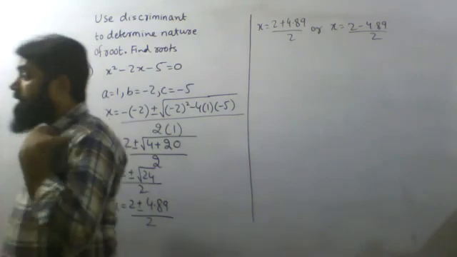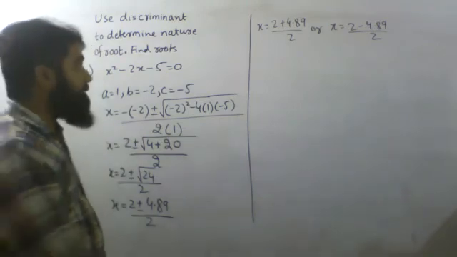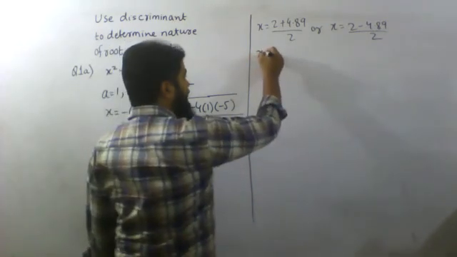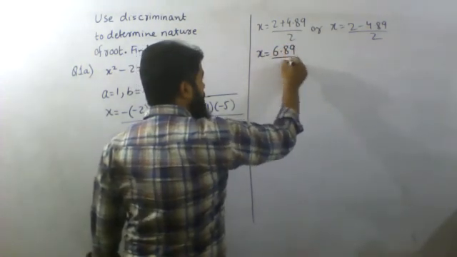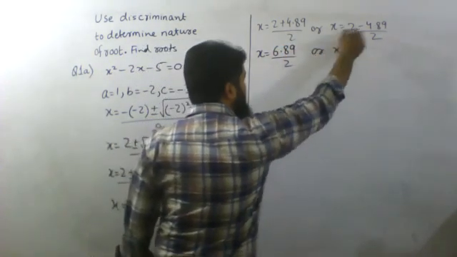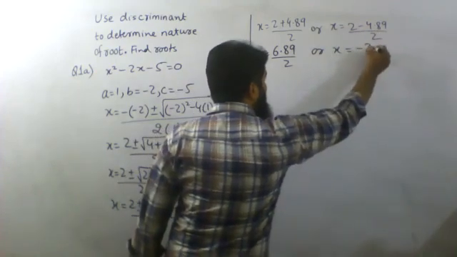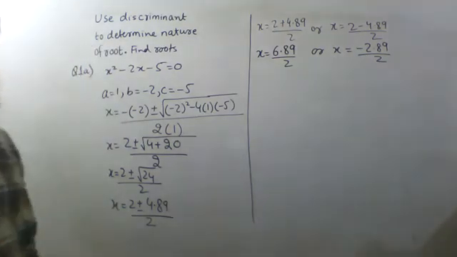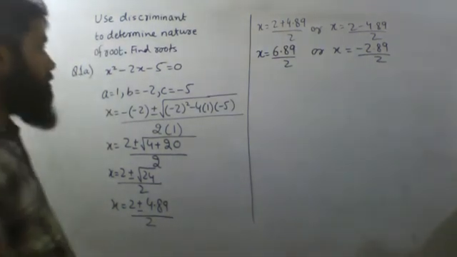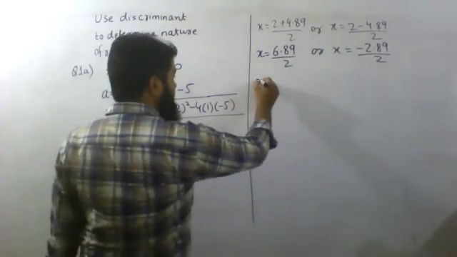Okay, now what I'm going to do, I will be simplifying it. So this will become x equals to 6.89 over 2, or x equals to minus 2.89 over 2. By simplification, I have reached this point. So I'm going to simplify this one.